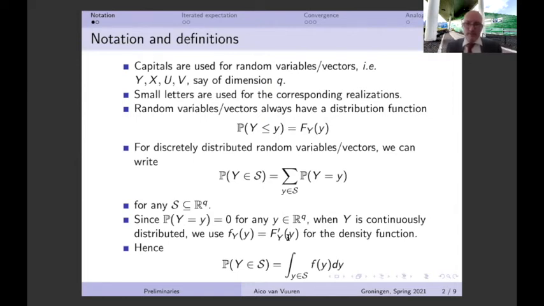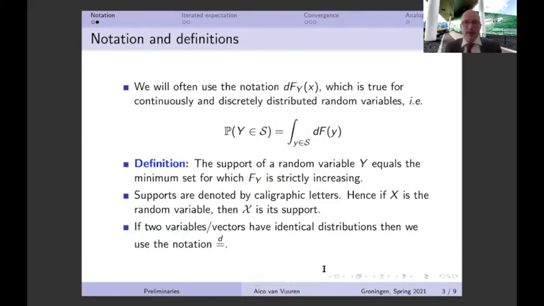We're going to substitute that in here, then we get exactly the notation that we have at the next slide. But take into account that we're going to use exactly the same notation when we go for a situation of a discretely distributed random variable.